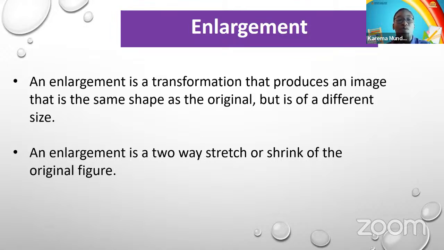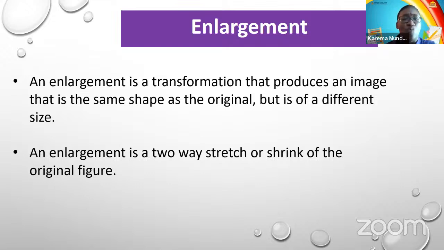So previously, when we looked at rotation, translation, and reflection in some previous sessions, we would have seen images that were the same size, same shape. But for this one, we're noticing that the size is different. Another way of putting it is that an enlargement is a two-way stretch or shrink of the original figure.